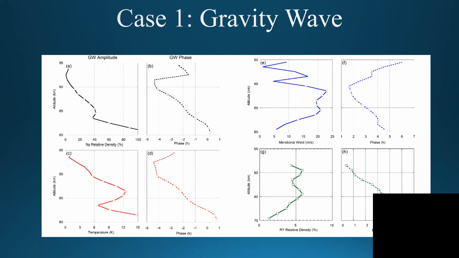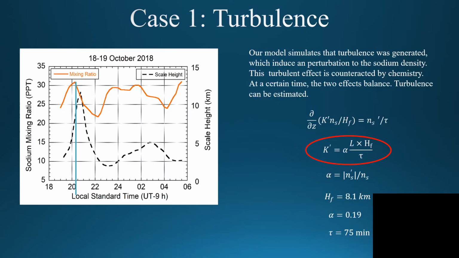Meanwhile, in all plots that show data above 90 kilometers, we see that the phase progression is reversed. Both signatures suggest that this wave breaks at this height, which is about 87 kilometers. So to summarize, we have seen that diffusion and vertical instability coincide with gravity wave breaking on this night.